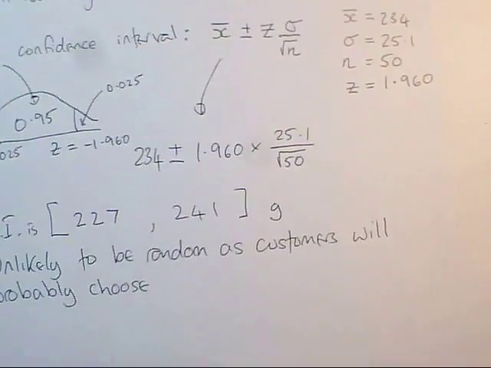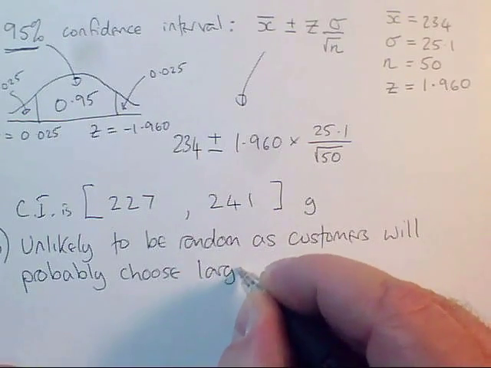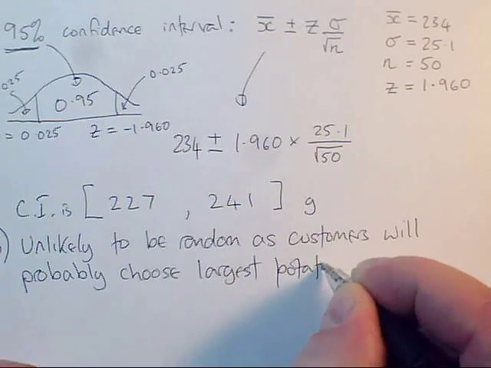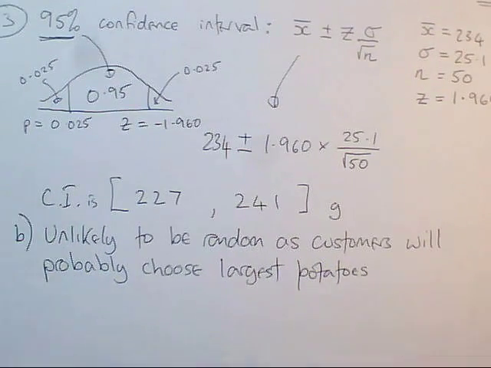They're probably going to choose something like the largest potatoes. Or you could say they will choose potatoes of similar sizes or whatever, but something that is going to be non-random in terms of the weights of the potatoes. Alternatives are allowed, but larger size of potatoes is the most obvious one to go for, I think.